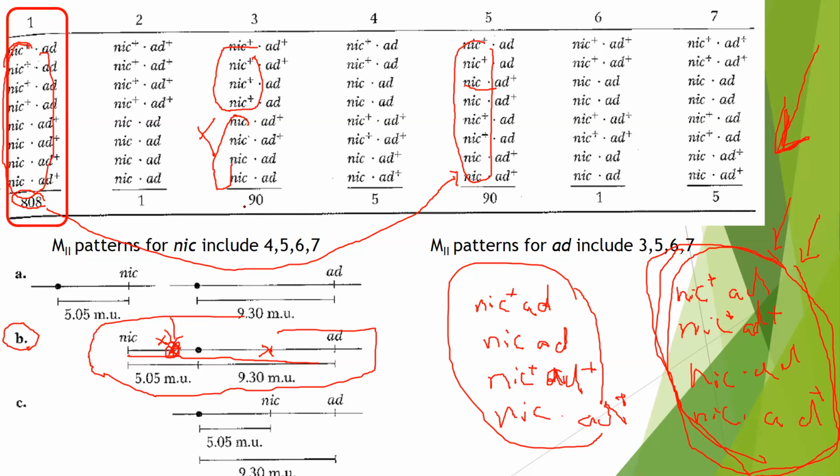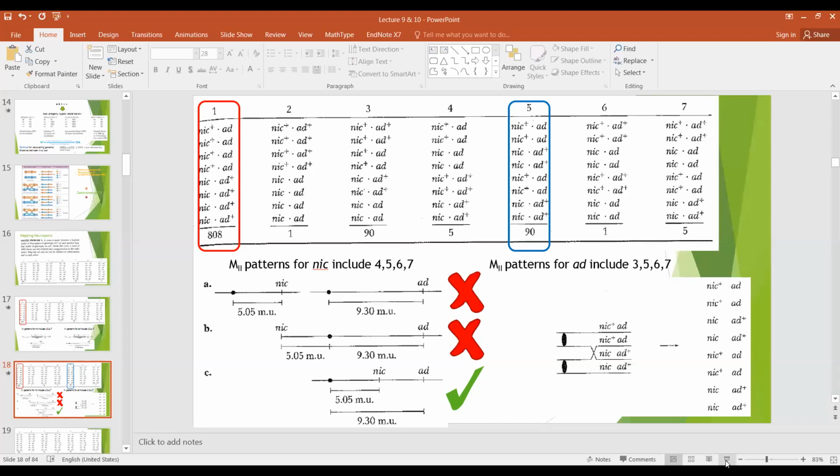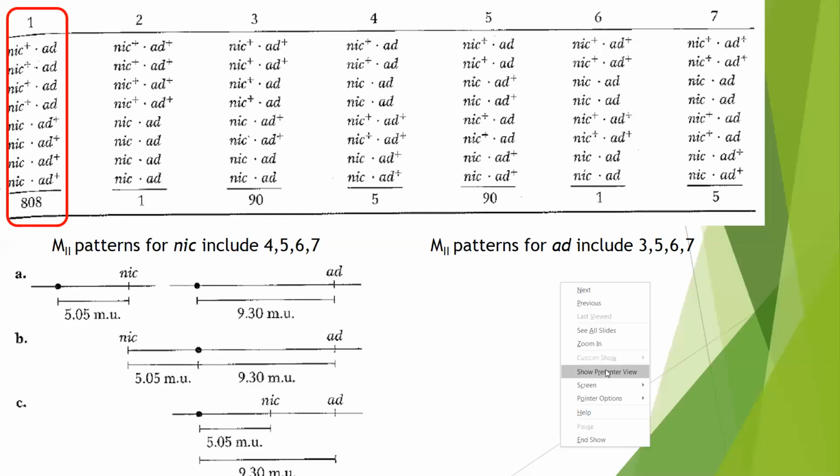Okay, let me repeat this. Sorry. Let me erase this a little bit. Sometimes if we want to rule out some possibilities, we can assume this is true and ask whether this assumption can yield this data, right?